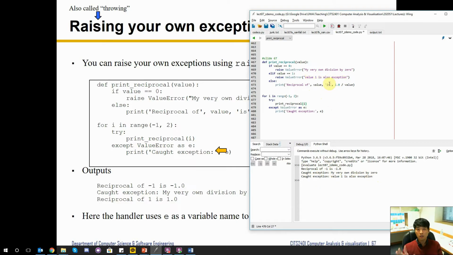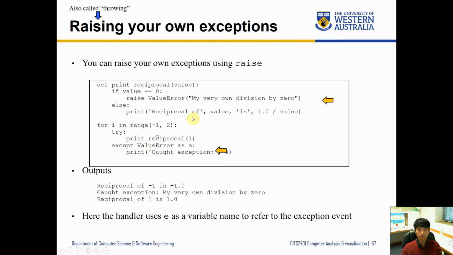So by raising your own exception, you don't have to only capture when the program fails, but you can also capture some, say, unusual behaviors or edge cases with this exception, and you can specify what you want to do with it in a different way.